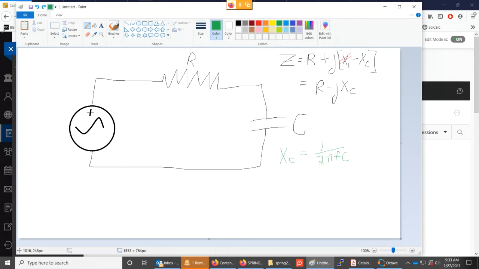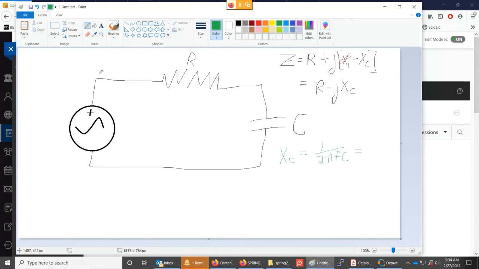It doesn't use energy, but it does impede the current flow. And so that's what this right here is. And the way we calculate that, again, is 1 over 2 pi f C.